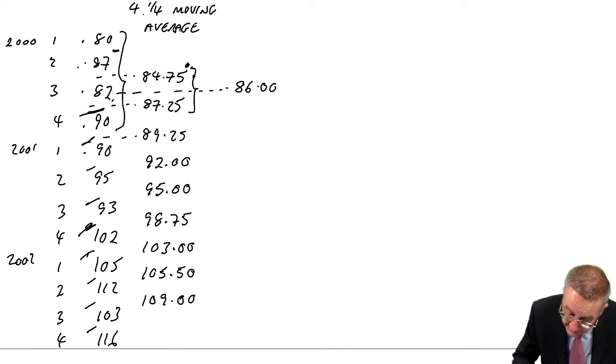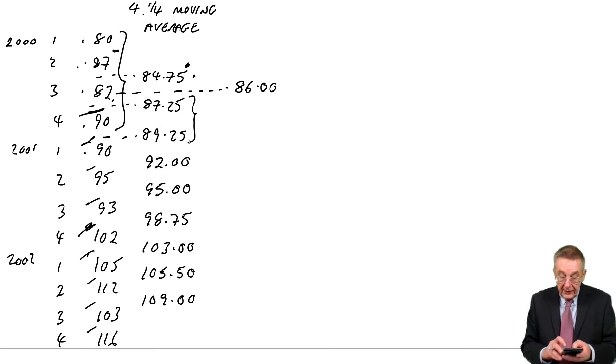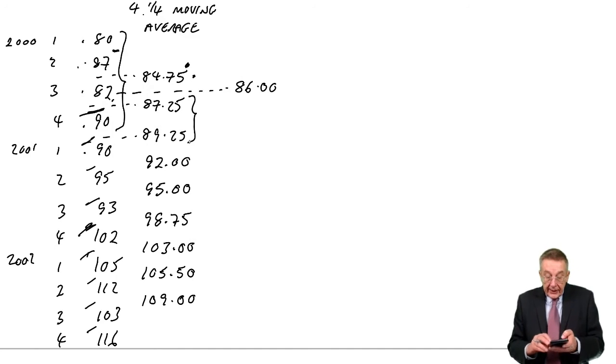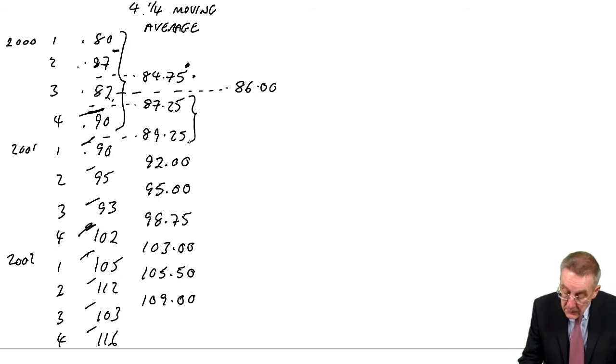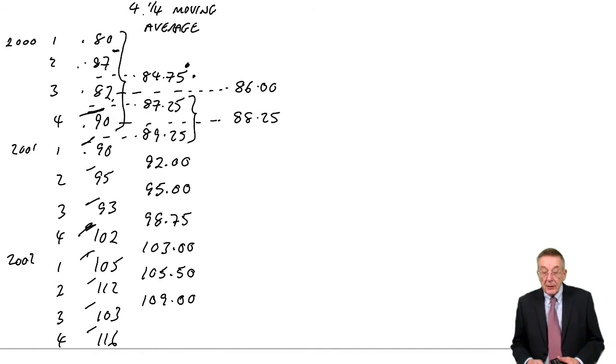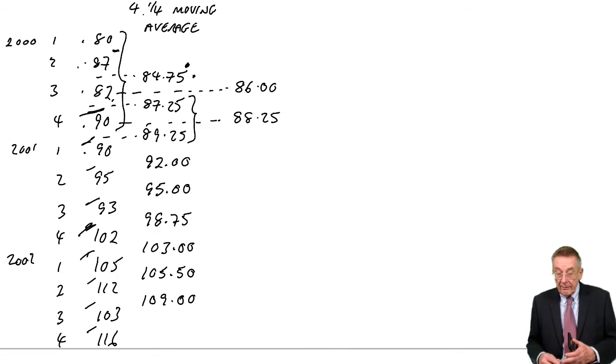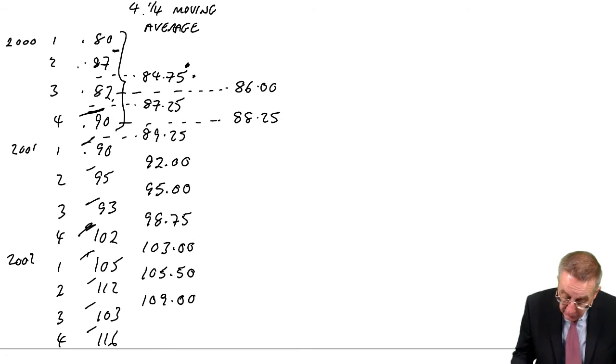For similar reasons, we then take those two. And we say, what's the average? 87.25 plus 89.25 divided by 2, 88.25, and again that coincides with quarter 4. Shortly I can compare them. And so let me carry on doing that for all of them.